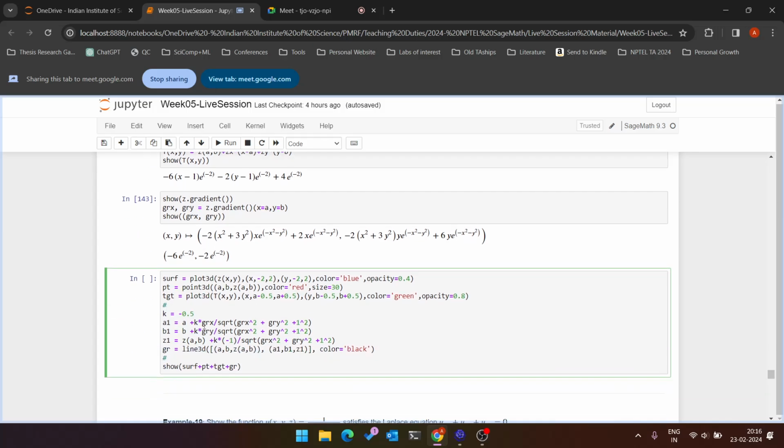So we basically obtain the unit normal from this gradient, which is gradient of x upon square root of gradient of x square plus gradient of y square plus 1 square. This comes from when we rewrite the expression of z of xy as an implicit function.